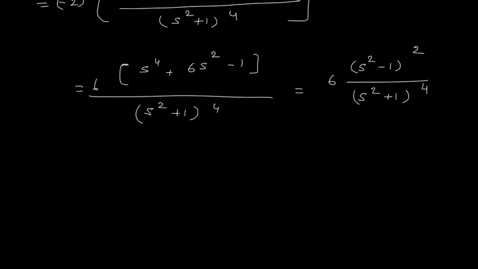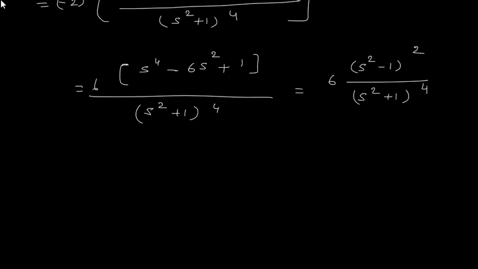Oh, I think I have done some error here. Okay, just see, when I take minus common, this negative will become positive, this positive should become negative. So here in place of plus I should have minus, and in place of minus I should have plus. So this is minus and this is plus. Then one more mistake I have done is that this s power 4 minus 6 s square plus 1 is not this s square minus 1 the whole square.